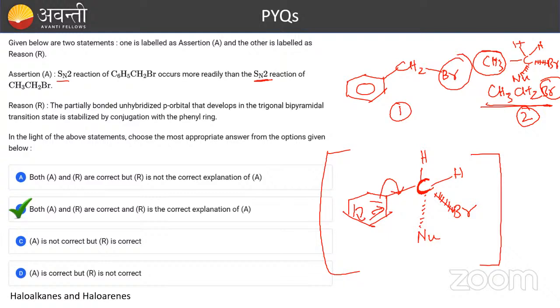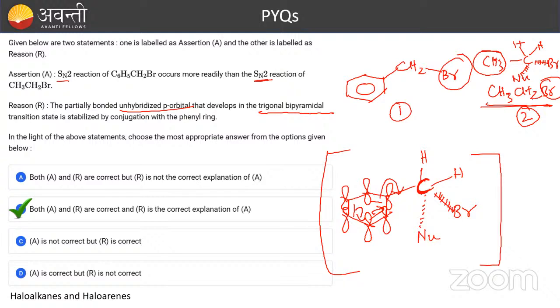Are you able to understand this question, students? The partially bonded unhybridized p orbital means the benzene ring has one p orbital on each carbon, and that is unhybridized. That develops in the trigonal bipyramidal transition state. Why is it called trigonal bipyramidal?